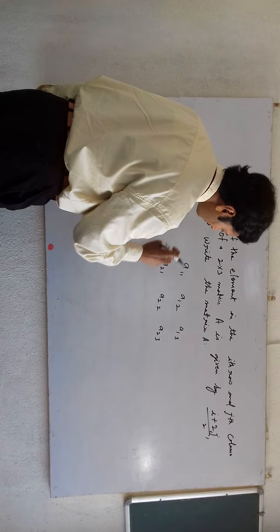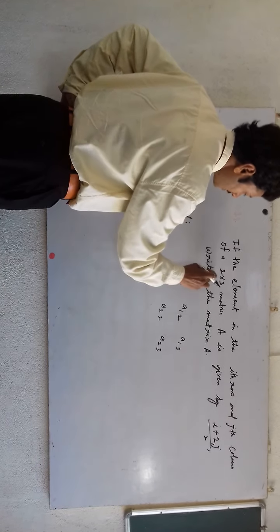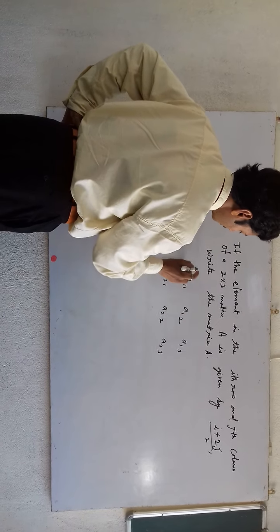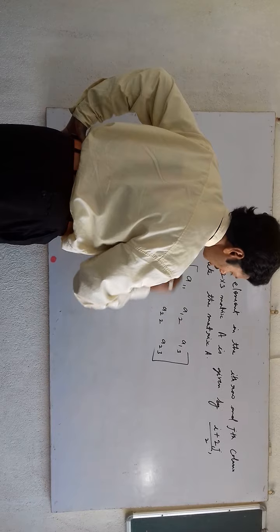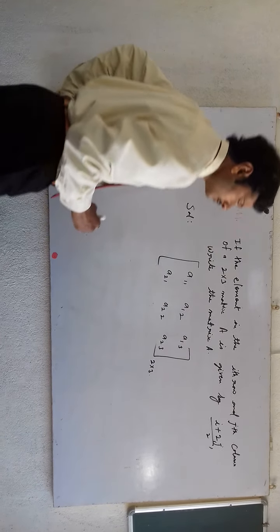Here there are 2 rows. This is the first row and this is the second row. This is the first column, second column and third column. So the order of this matrix is 2 into 3.